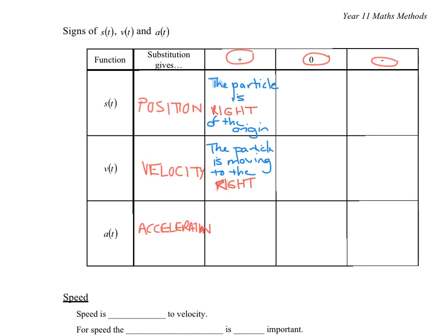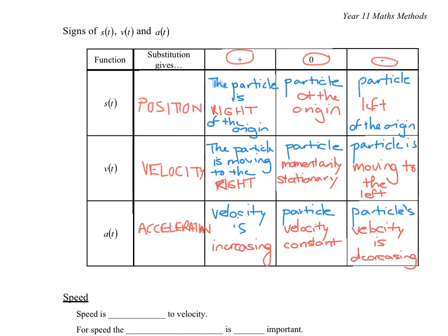And that's because, of course, we remember that the velocity is the displacement over the time. So that means that your displacement or your change is positive, so you must be moving to the right. Acceleration positive means that the particle's velocity is increasing. So the velocity is increasing.